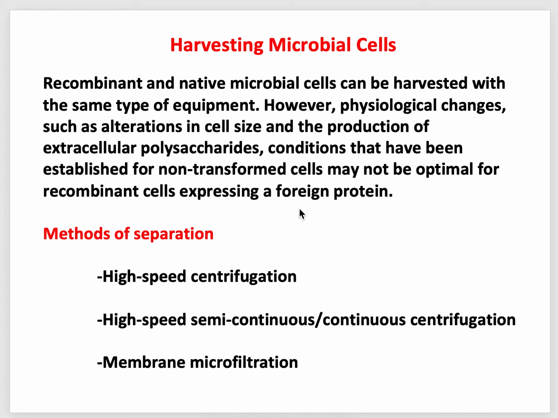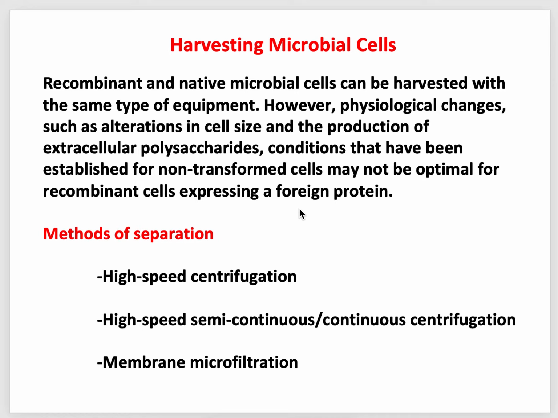So the conditions which are optimal to harvest the native microbial cells may not work the same way for recombinant microbial cells. That's why sometimes modification is necessary when we want to harvest the recombinant microbial cells.